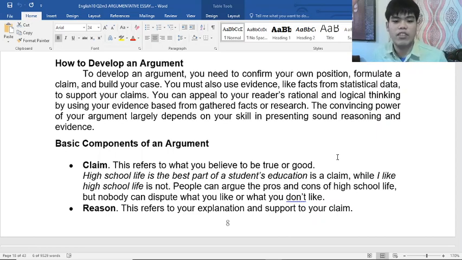There are different evidence that can support your argument or your claim. But in the end, no matter how many evidence that you have, the power of your argument to convince other people still depends on how well it was presented with reasoning and with proper evidence as well.